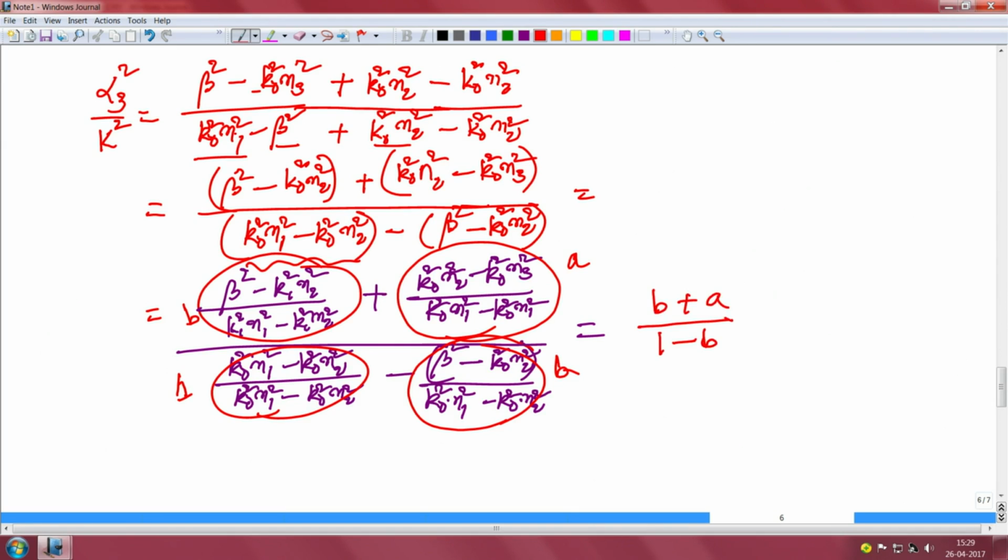Let us define the parameter a as, I can cancel out k0s appearing here, n2 square minus n3 square divided by n1 square minus n2 square.